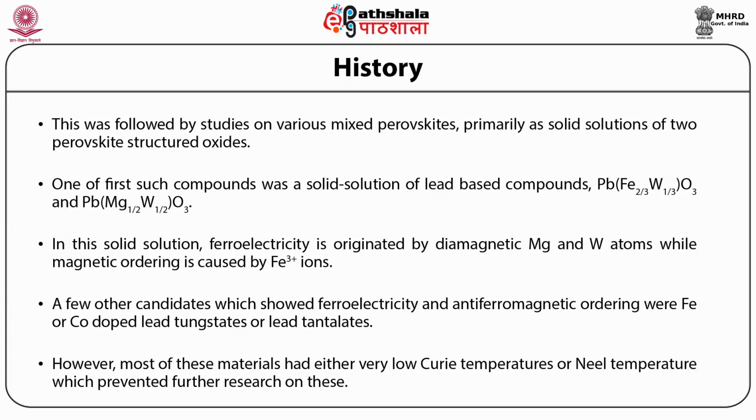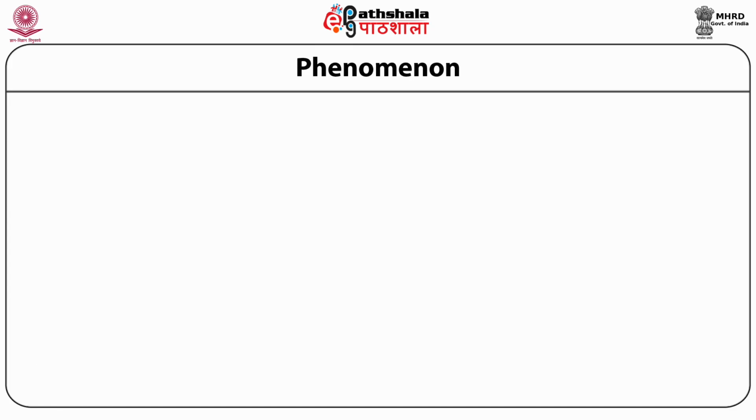Subsequently, the research focus was on other perovskite materials, which are either manganites or ferrites and have been more promising than previously researched materials, which will be discussed later. Now let us discuss the requirements for a material to be ferromagnetic, ferroelectric, and finally multiferroic.